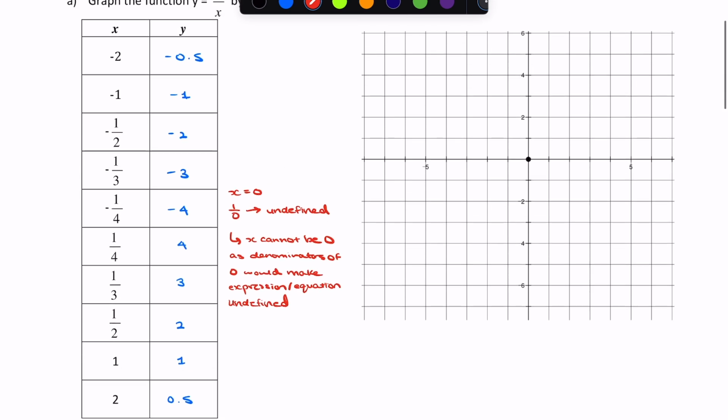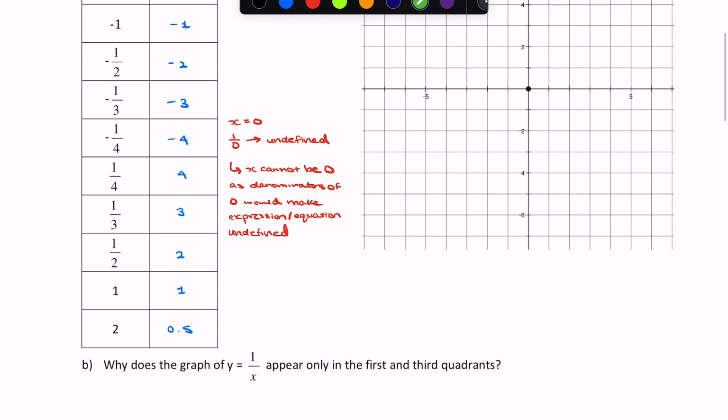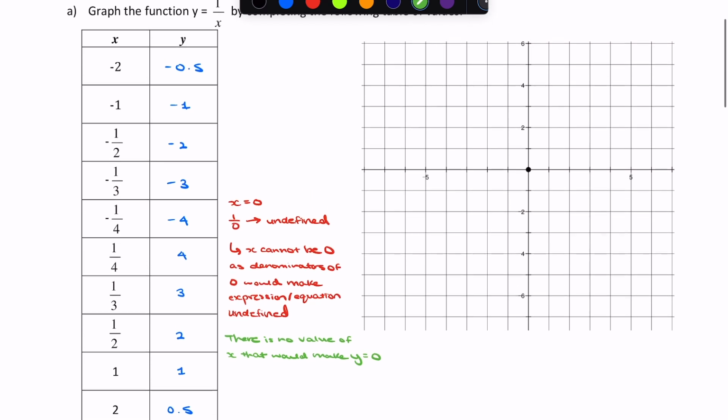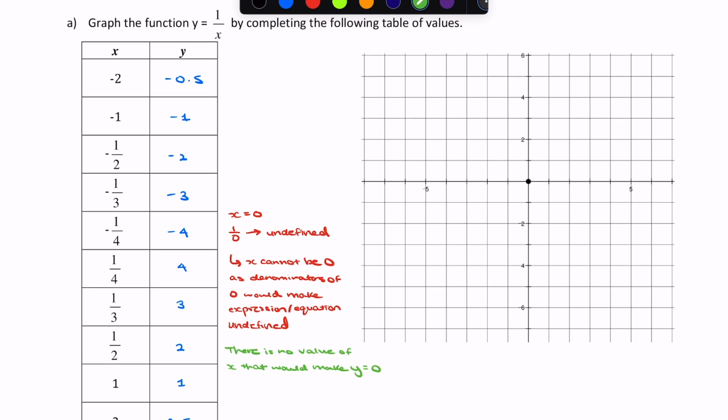What you'll also notice is that there's no value of x that would make y equal to 0. Here we have what are called asymptotes.